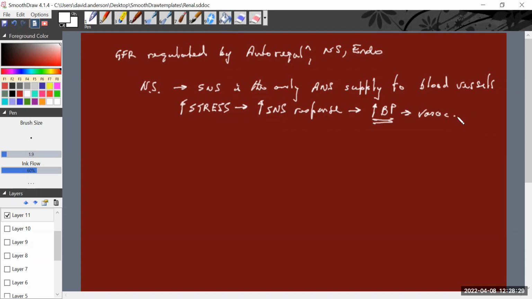We get vasoconstriction of the afferent arteriole. Okay, so we get an increase in blood pressure, but the epinephrine targets the afferent arteriole and causes a vasoconstriction to counter that, right? To regulate flow through the kidney.